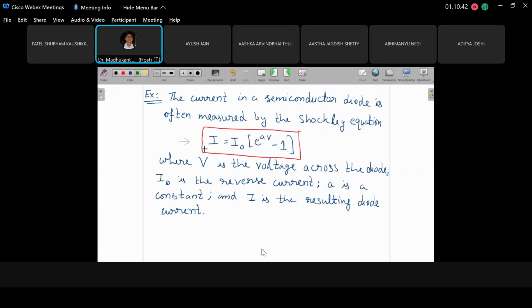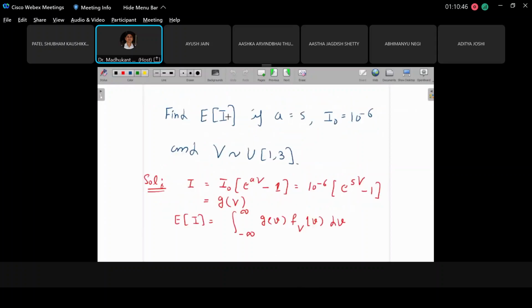This is the Shockley equation. What is additionally given to you is that if you have to find the expectation of I, you have been given the A value, the I naught value, and you have been given that V follows the uniform distribution over the interval 1 to 3.